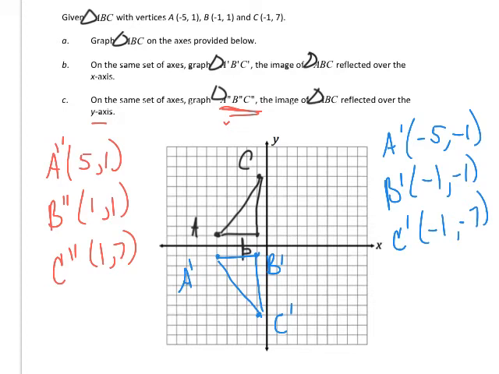Here's A double prime. B is at 1, 1. That's B double prime. And C is at 1, 7. You have to label with the primes. And when you're done, if you were to fold over the other axes, the image and the pre-image should match up exactly.